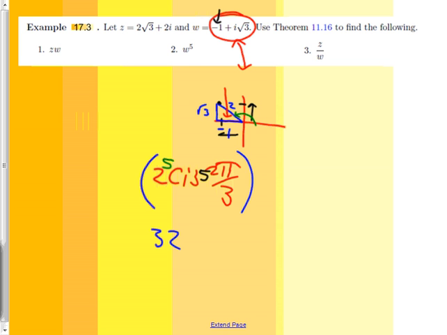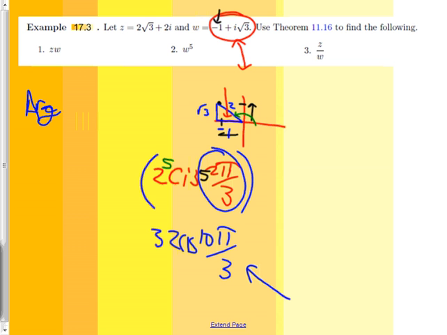Cis of that, which is 5 times 2 is 10 pi over 3. And I'd cry a little bit and mark it wrong because 32 cis 10 pi over 3 has an angle, the argument, by the way, in case you ever were noticing those arg things earlier, again, not something I expect you to know the terminology for, the arg is too big.